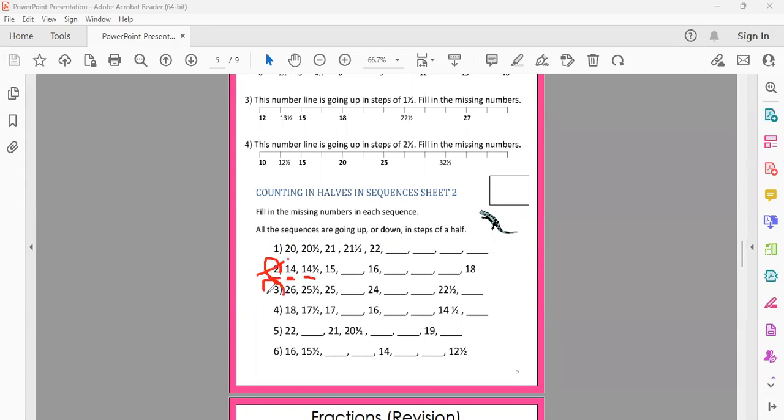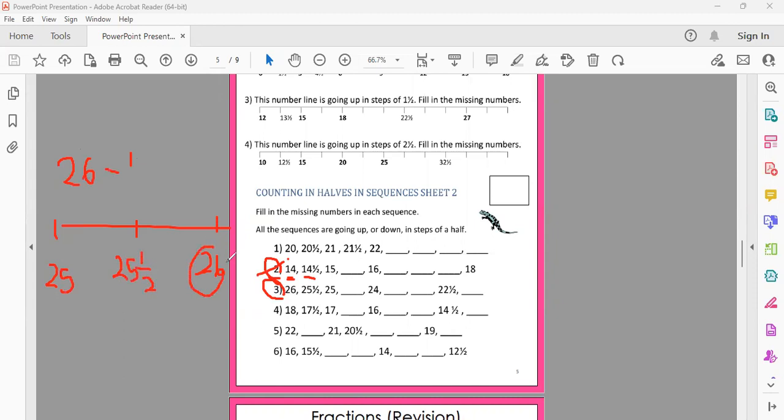Now, how about number 3? You look at number 3, it's going down. Going down means 26, and it's becoming 25.5. Do you understand? You just take away half. So it looks like here you are 26, here you are having 25, and this is 25.5. Correct or not?